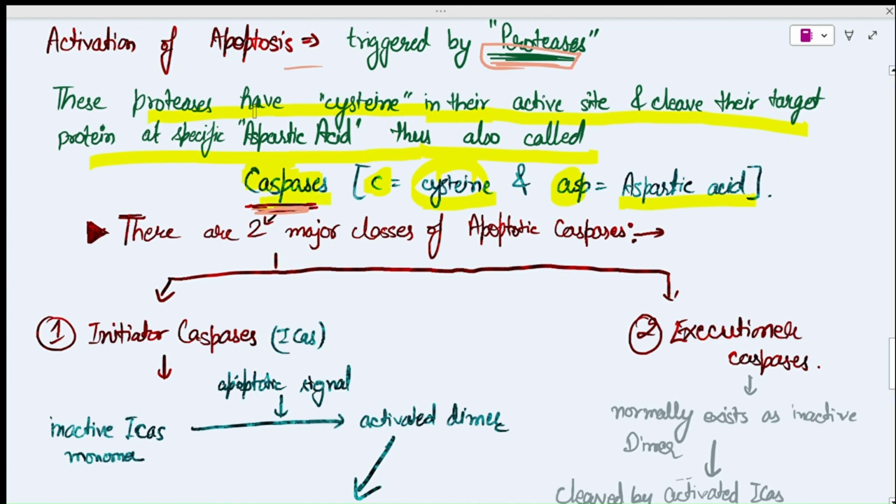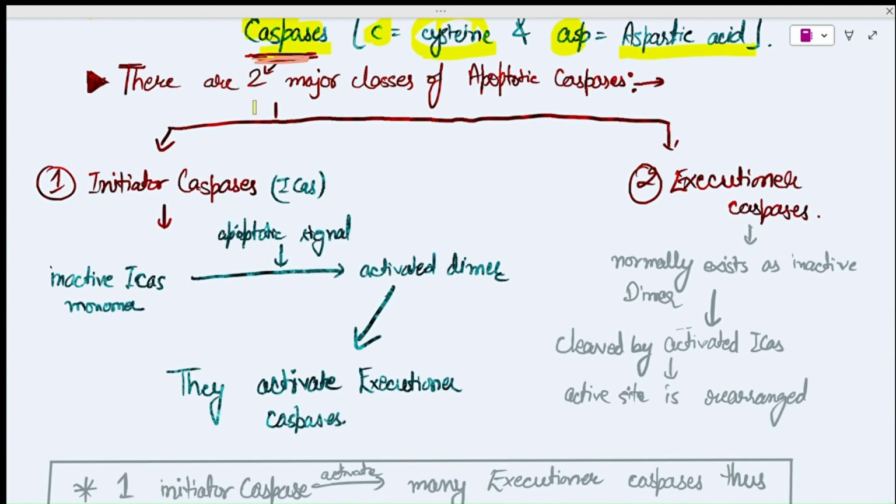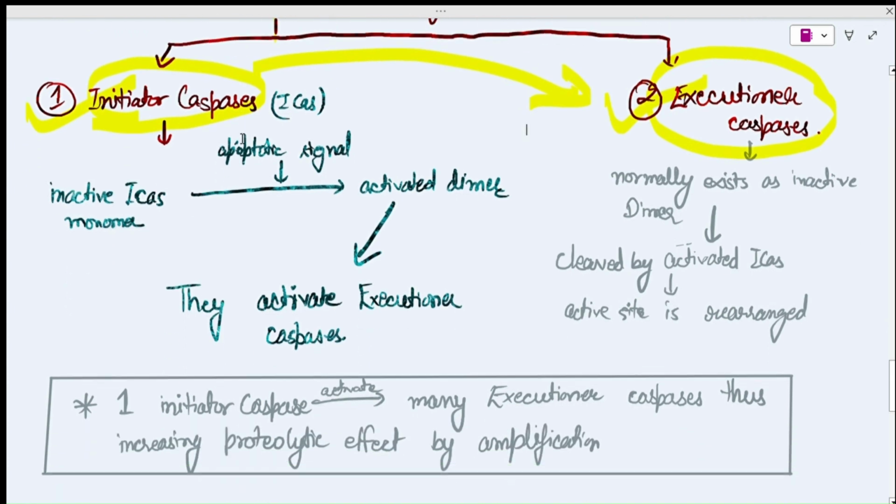There are two major classes of apoptotic caspases. The first is initiator caspases, the second is executioner caspases. The executioner caspases are actually responsible for the apoptotic process, and what the initiator caspases do is activate the executioner caspases. I think I have written it here also.